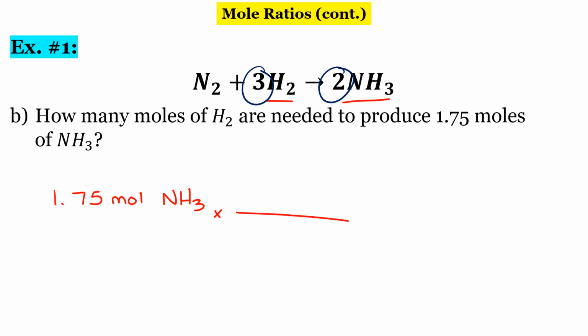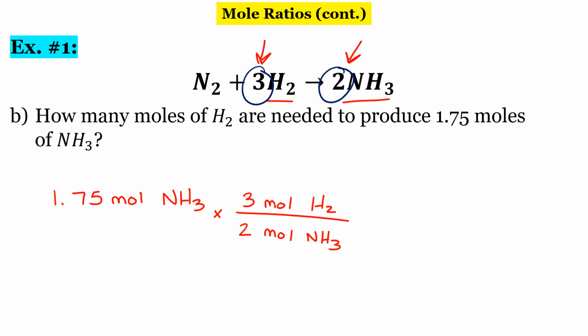We want to make sure that our units that we start with go in the denominator. So for every 2 moles of NH3, and that's coming from right here, we have 3 moles of H2, and that's coming from right here.